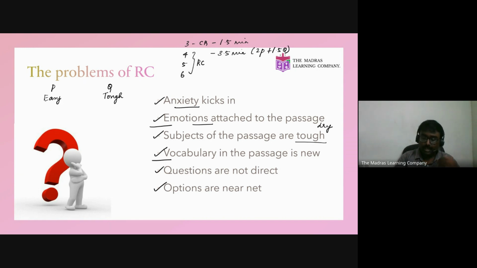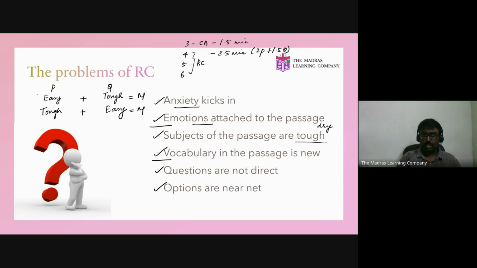Now, if the passage is tough to understand, then the questions are easy to answer, right? So it's generally a mixture. It's always going to be somewhere in between. You'll never have a completely easy passage. You'll never have a completely tough passage. So don't worry. That's what I'm trying to tell you.